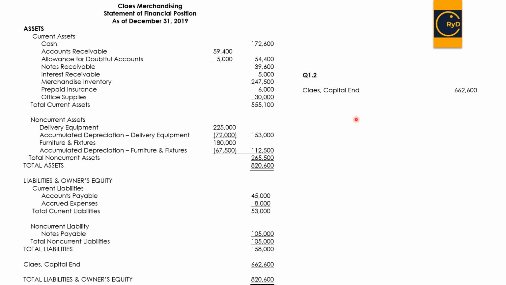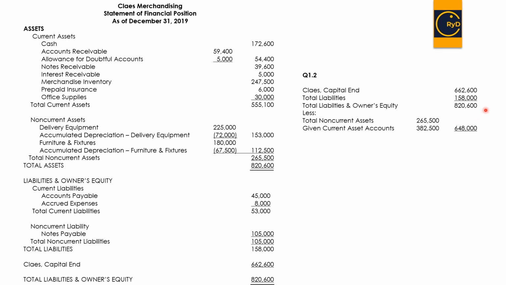For a clearer computation, class, it goes like this. We start with our capital end, and then we add our total liabilities to get our total liabilities and owner's equity, and then we deduct our total non-current assets and the given current asset accounts, which is at 382,500, and the total of which with our non-current assets is 648,000.